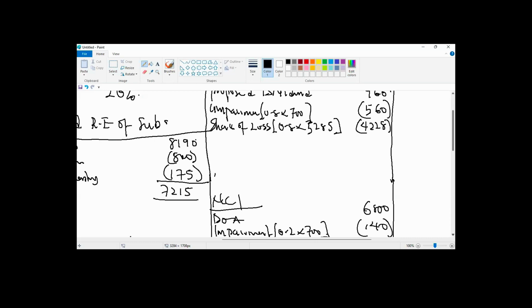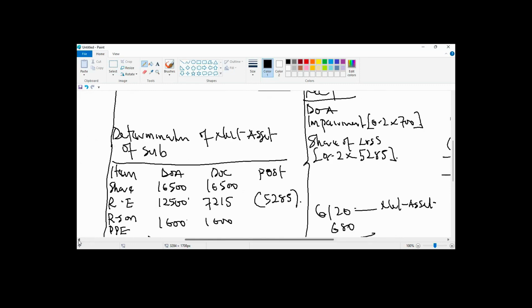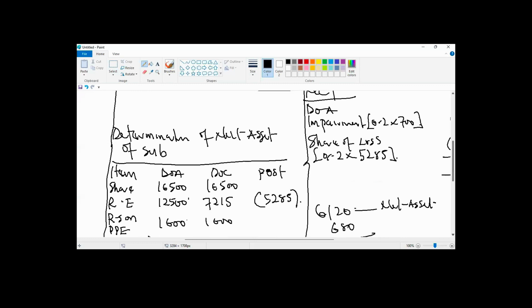Then I'll bring it down. 7215, which I've gotten from the adjusted. 7215 minus 12,500 is 5285. How is he not agreeing?